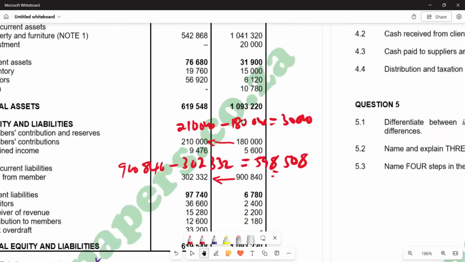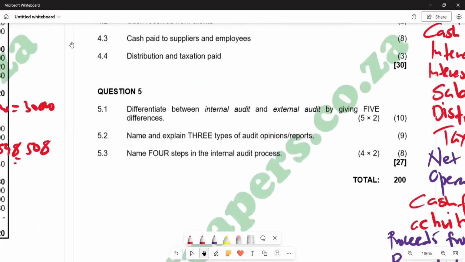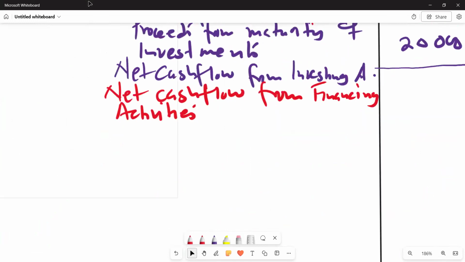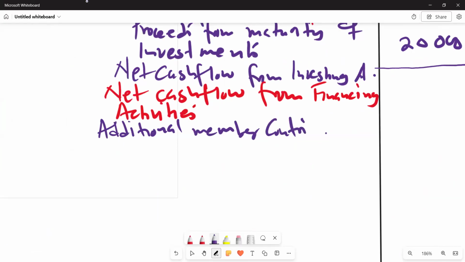So we go there and start with the additional member contribution. The figure that we have there is 30,000, and it's a positive.